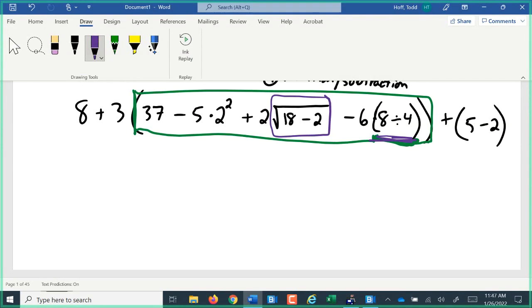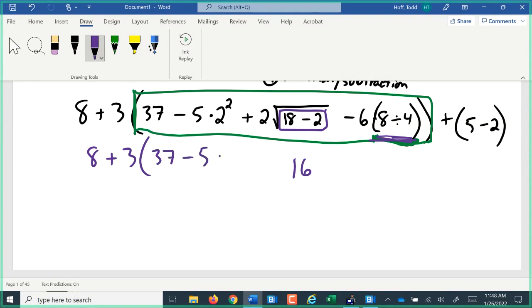What we're going to do is actually just the inside of it. So let me box. We're going to do the 18 minus 2. 18 minus 2 is 16. So I replaced that 18 minus 2 with 16. And notice the rest of the problem is rewritten exactly as it was.